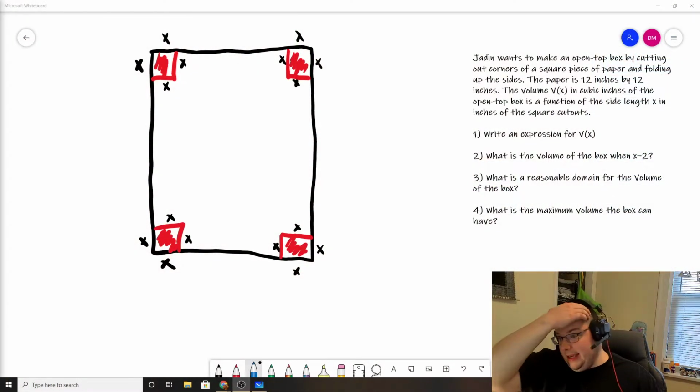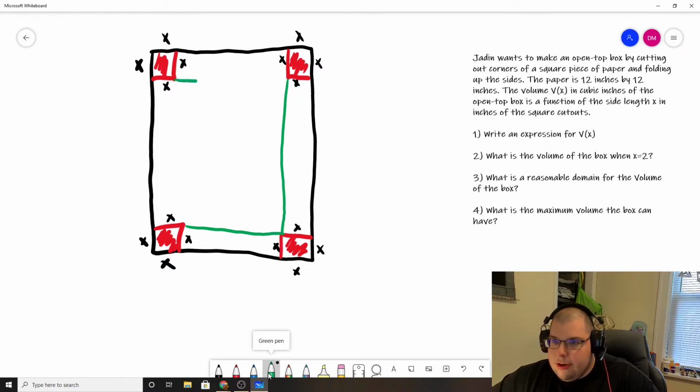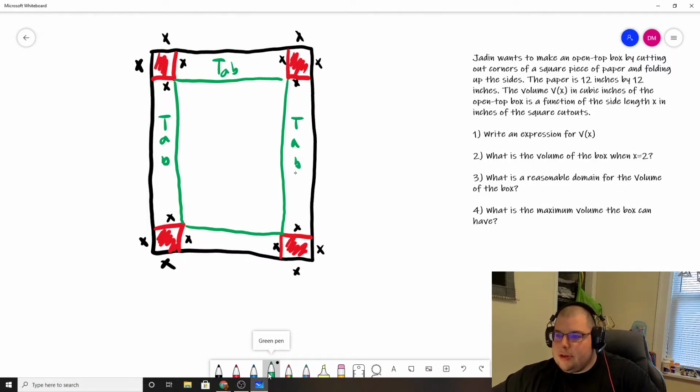So looking back at our picture, we have lines going here and here and here and here, and we're going to fold along those green lines, and we're going to fold these tabs upwards. So let me just write tab in each of these. These tabs all get folded.